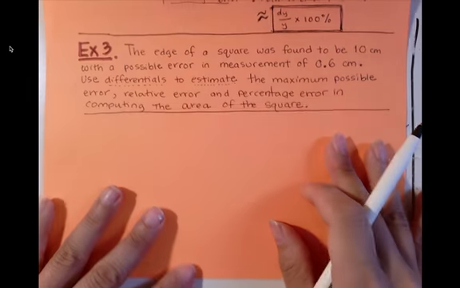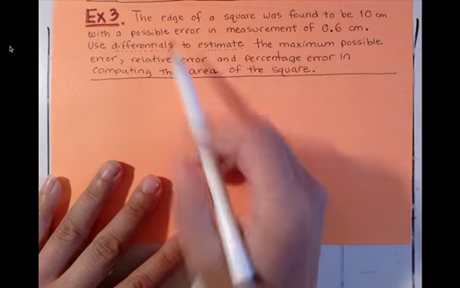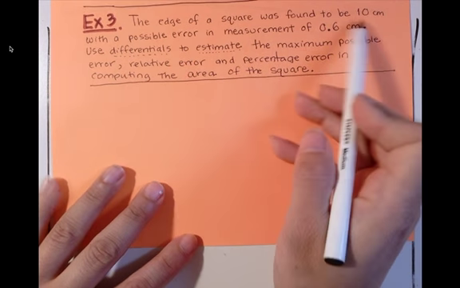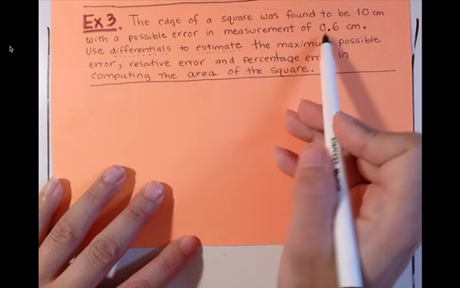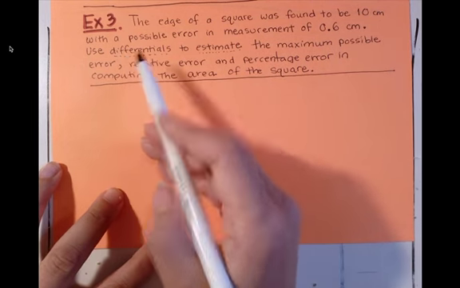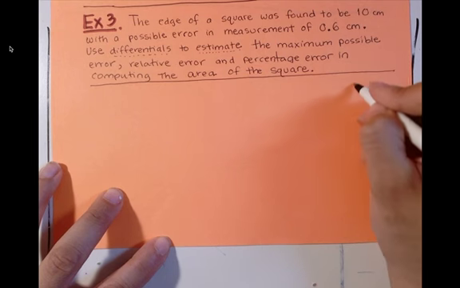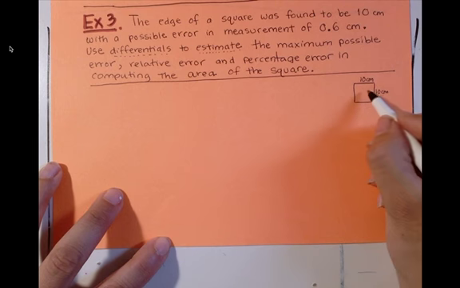Now, let's take a look at this example. The edge of a square was found to be 10 centimeters with a possible error in measurement of 0.6 centimeters. So what this is saying is you've got this little square, and it's about 10 centimeters in length and width, but it's possible that there was an error in measurement of 0.6 centimeters.